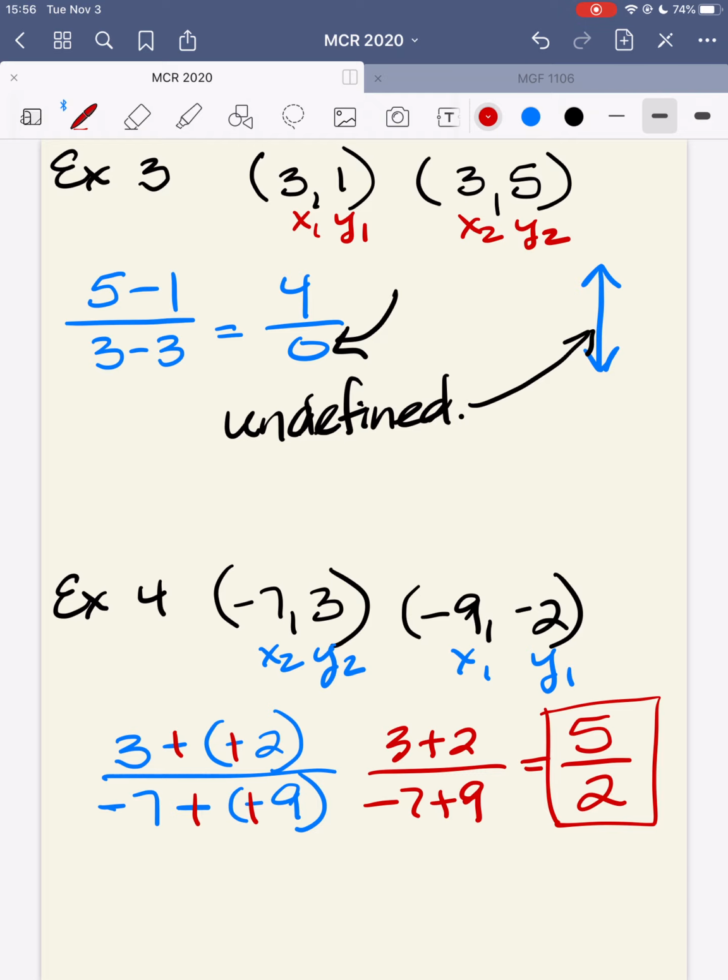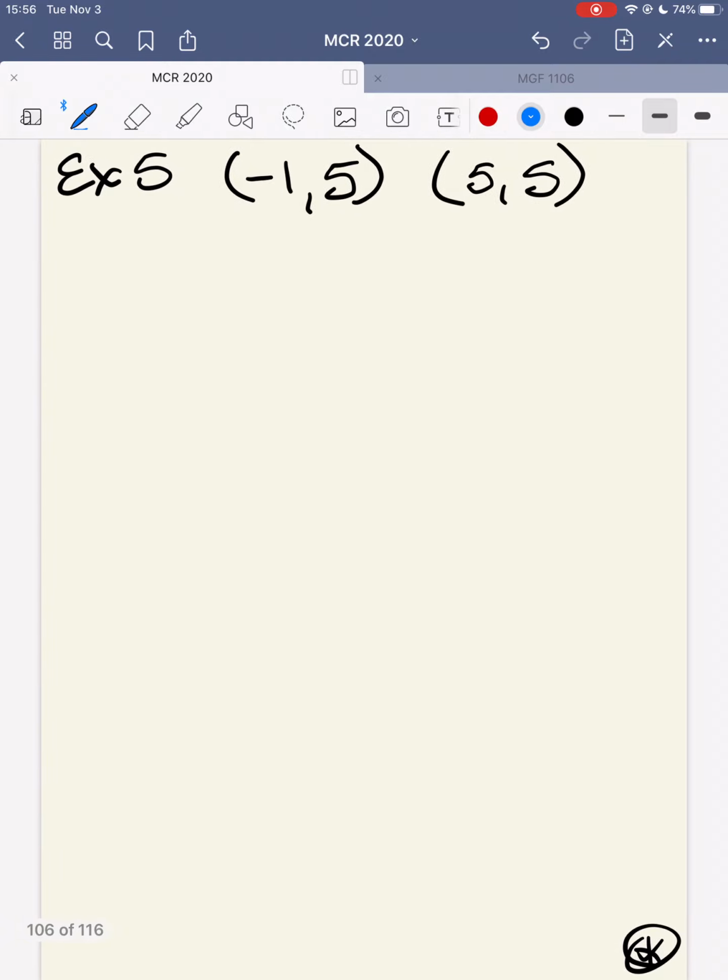One more example for you, example 5. All right. So here, I'm not going to get crazy. X1, Y1, X2, Y2. Remember, it doesn't matter your order. You get to pick. Y2 is 5.